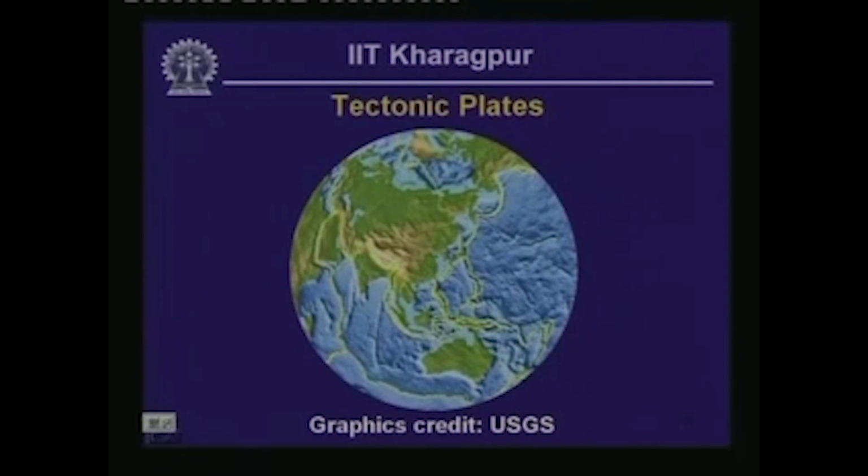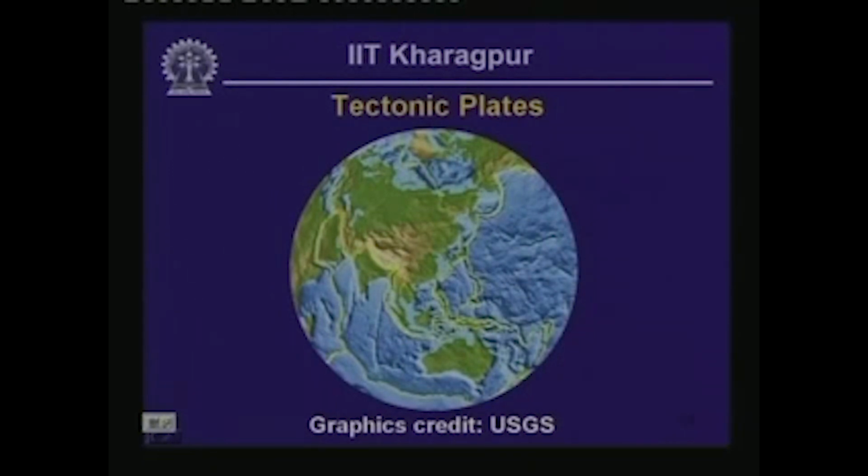Now this one here near the top of this configuration is again another view of the spreading boundary, which we saw from the other end. That is the northern part of the mid-Atlantic spreading boundary. Okay.